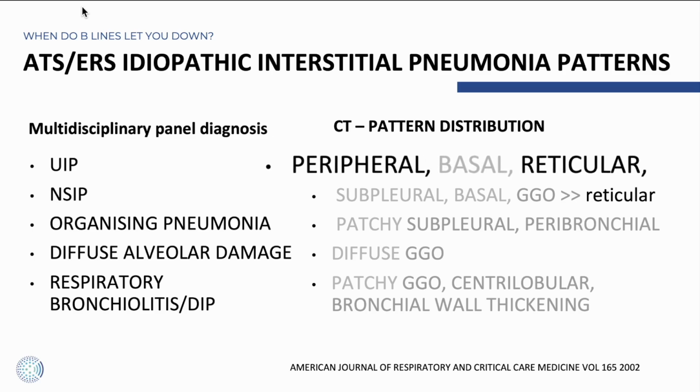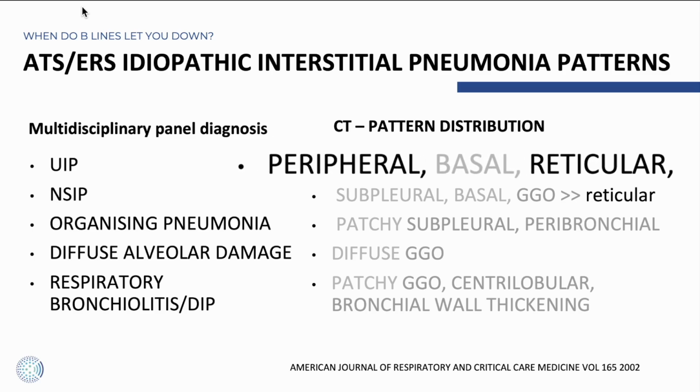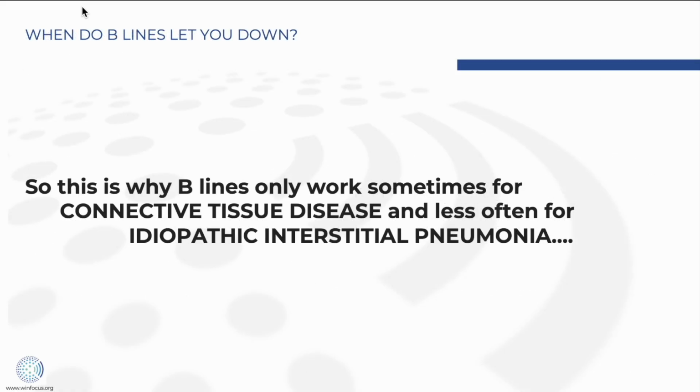So the only pattern that we can reliably expect to see is the UIP pattern, which is the most common pattern that is seen in systemic sclerosis ILD, which is why the majority of the papers report on this condition. So hence what we would like to say is that lung ultrasound can miss the occasional rare but very debilitating interstitial pneumonia subtypes.